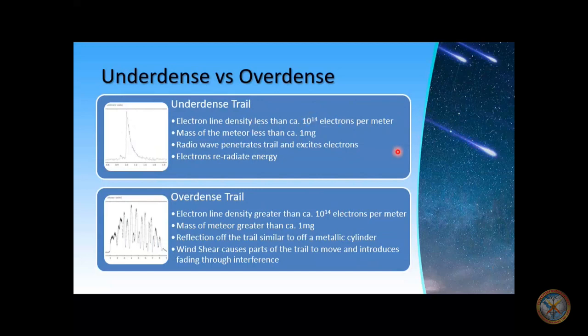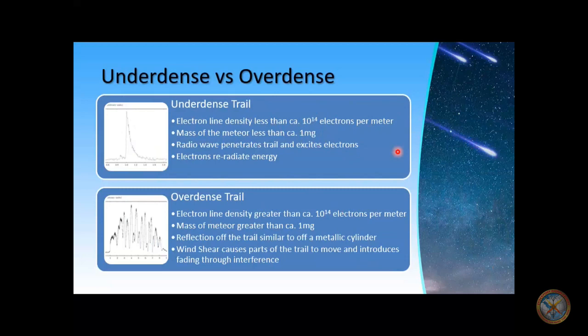In the underdense case, the radio wave penetrates the trail and excites the electrons, and they re-radiate the energy. Whereas in the overdense case, the radio wave can't penetrate the trail, and the reflection is more like from a metallic cylinder.